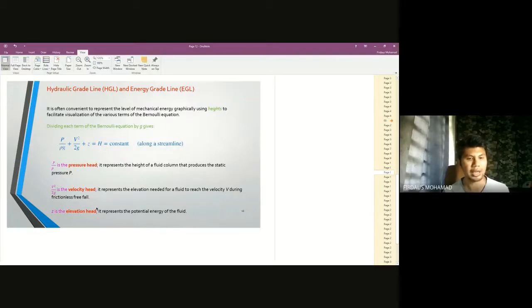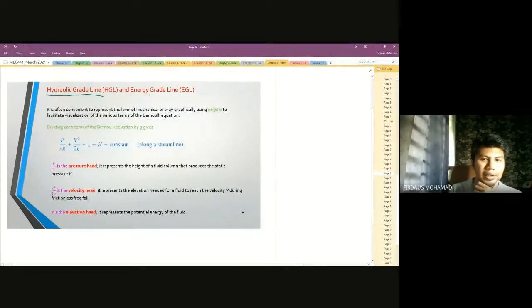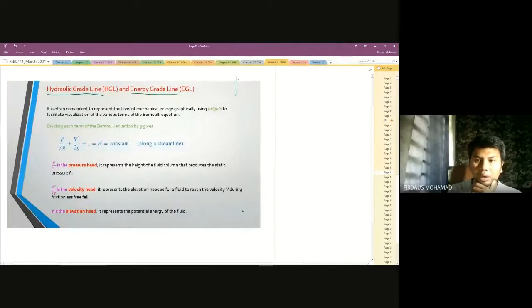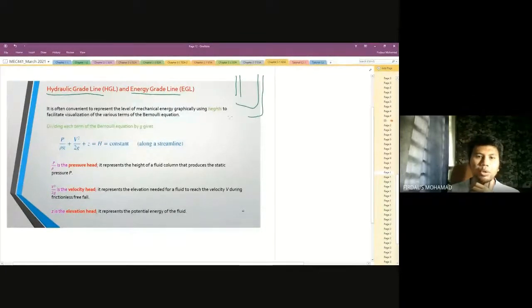It is often convenient to represent the level of mechanical energy graphically using head height to facilitate visualization of the various terms of the Bernoulli equation. So we can use the hydraulic grade line and the energy grade line, based on the piezometer reading and the pitot tube reading.